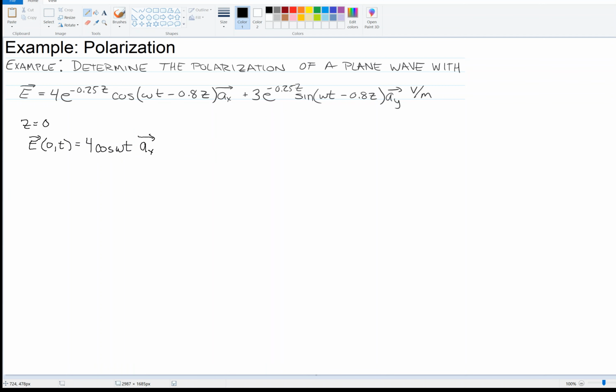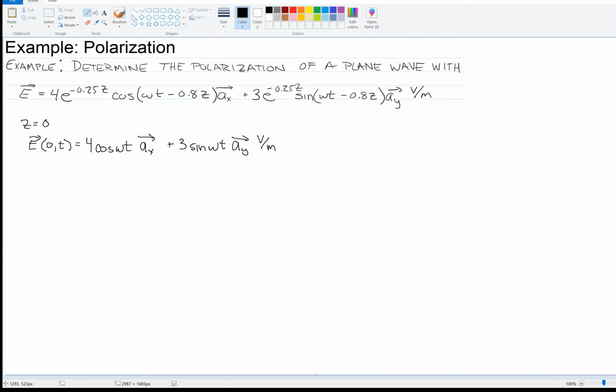So that's the component that points in the x direction, and then we have plus 3 e to the 0, which is 1, times sine of omega t that points in the y direction, volts per meter. Okay, so right away you see the convenience of choosing z equals 0.